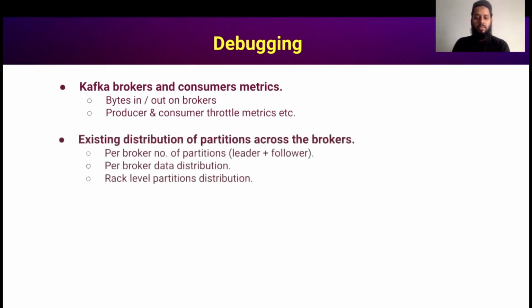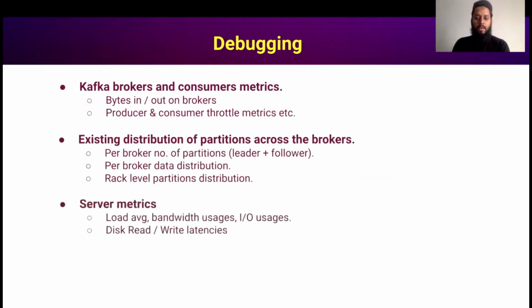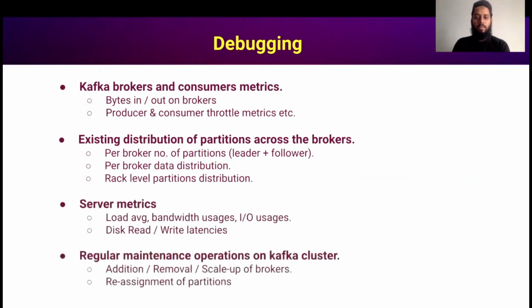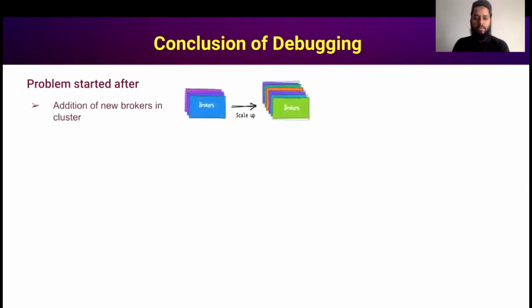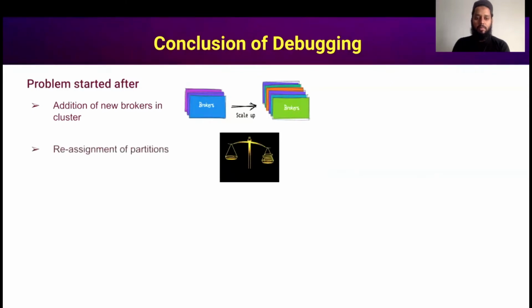During our debugging, we explored the Kafka broker, producer, and consumer metrics, the existing distribution of partitions across the brokers, the server metrics, and what maintenance operations we performed on Kafka. What we found was that this problem started after adding new brokers as part of a scaling up activity. After adding new brokers, we ran the reassignment of partitions to balance the Kafka cluster.